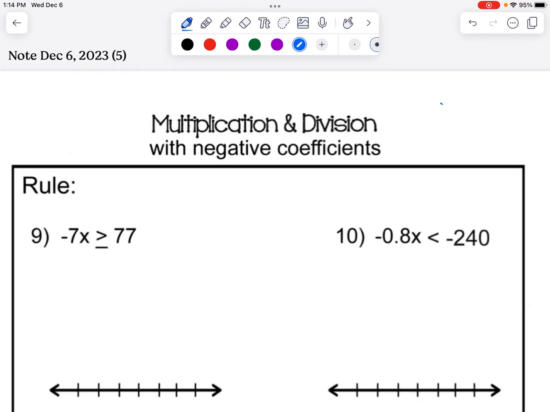Okay, today we're going to be talking about solving one-step inequalities with multiplication and division when I have negative coefficients. We learned today in class when we did the inequality investigation that if we multiply or divide both sides of an inequality by a negative number, we'll need to flip the direction of the inequality symbol.